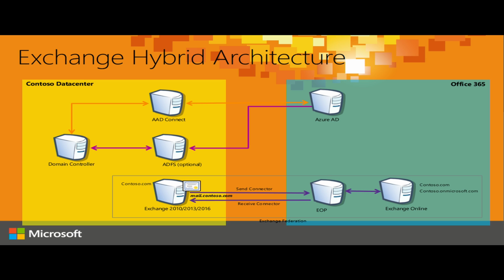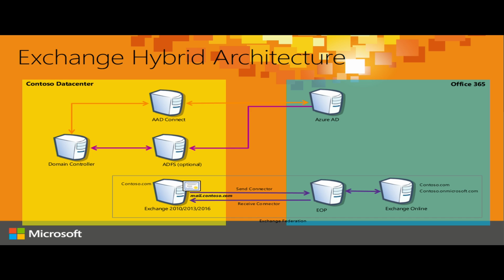Now, another key component here is the endpoint for mail flow. So we need to make sure that mail.contoso.com is published to the internet, and we've got a third-party certificate assigned to that server. So self-signed certificates are not supported for that.